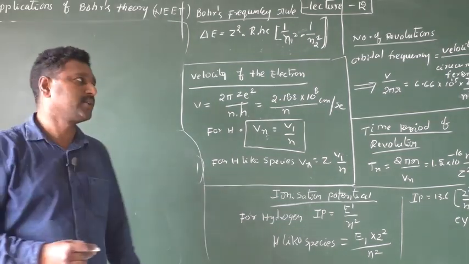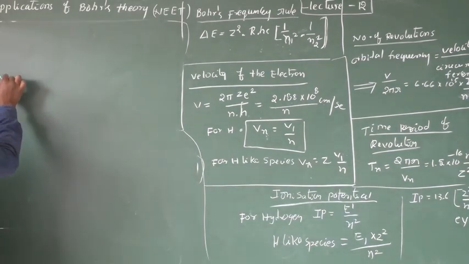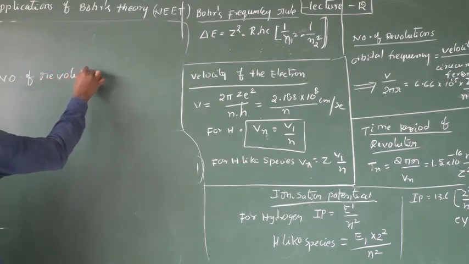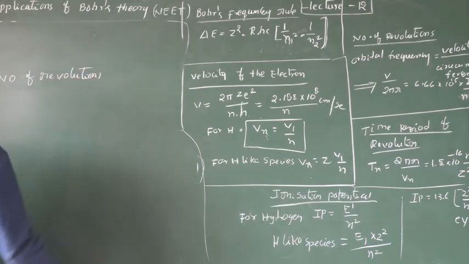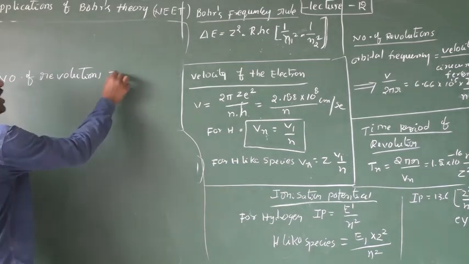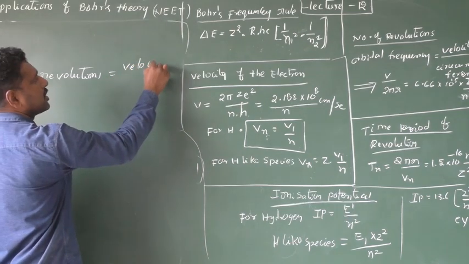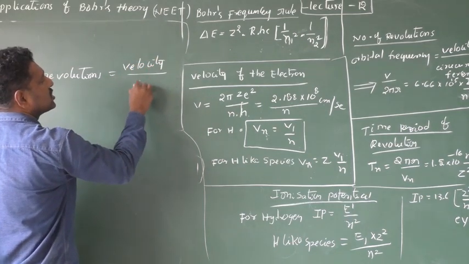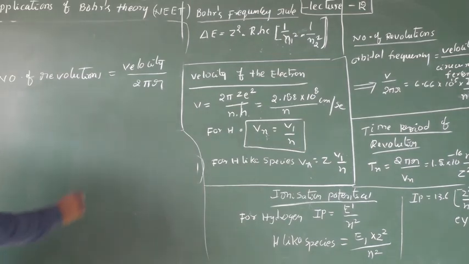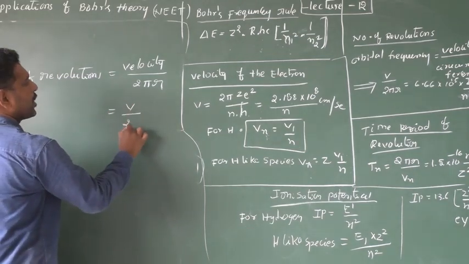Number of revolutions, this is also called as orbital frequency, equal to velocity by circumference. 2 pi r is called as circumference. Therefore, V by 2 pi r.